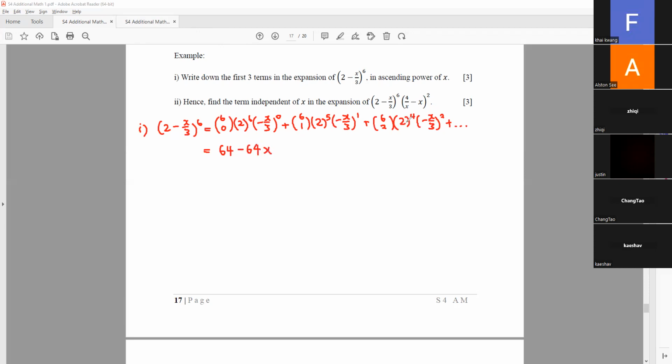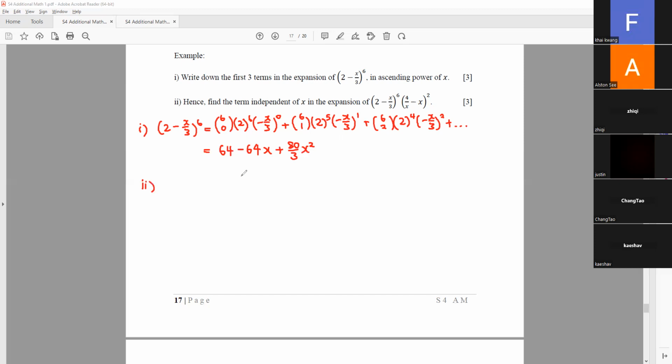Okay, and this one, 6, 2 is 15. 15 times 16, I press calculator, 240 divided by 9. 80 over 3 x squared. Okay, it's positive because negative becomes positive. So this is the first three terms of the expansion.